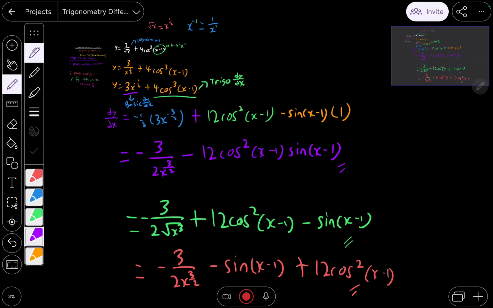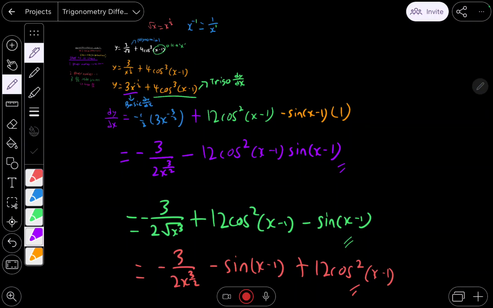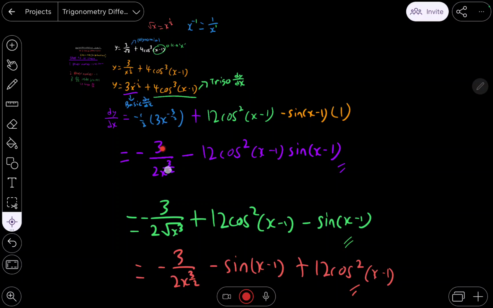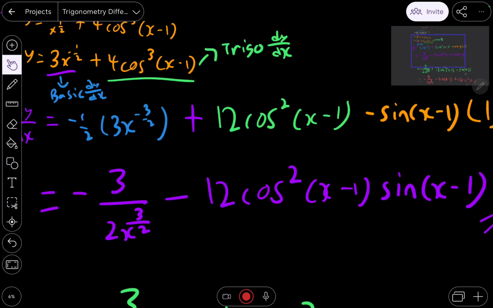Alright, so we look at this: purple, green, red. What is the difference? Purple, I just copy and paste this one. Negative half times 3 is minus 3 over 2 x to the power of 3 over 2. Notice that here your power is negative; when I bring it to the denominator, it's positive.